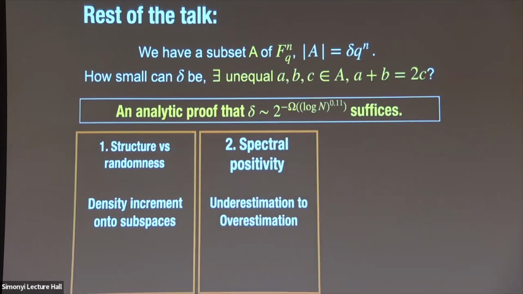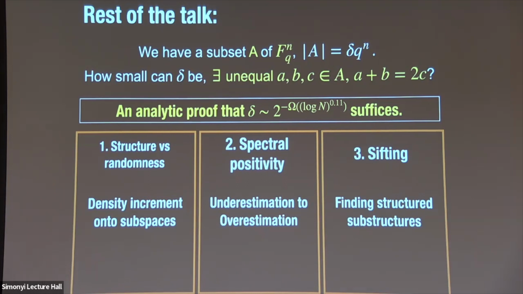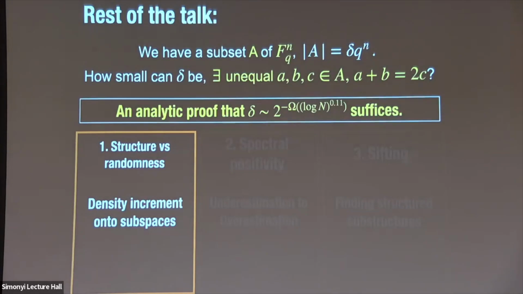And the second part, which is newer to our work, is what we call spectral positivity. And I'll tell you what that means. It allows you to give lower bounds from upper bounds. And finally, there's this new idea of sifting, which allows us to find additive substructures within large sets using certain mechanisms.